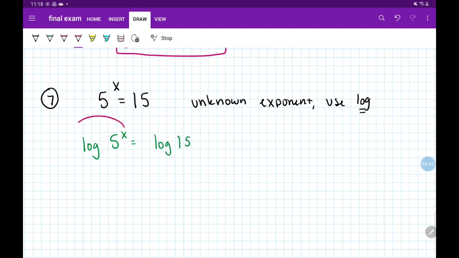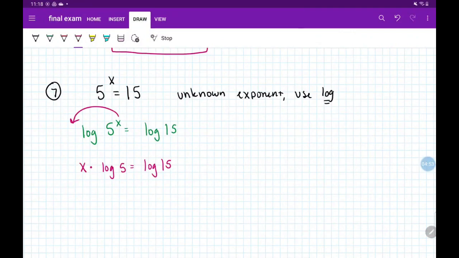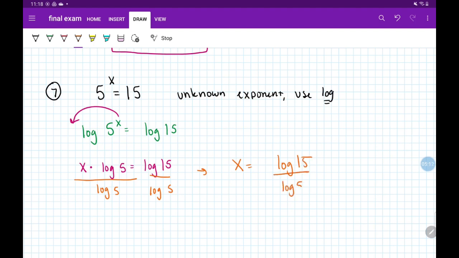And then we can use the power property to move the x to the front. And then we're going to divide both sides to get x alone. So now x is alone. It's log 15 over log 5 divided out.